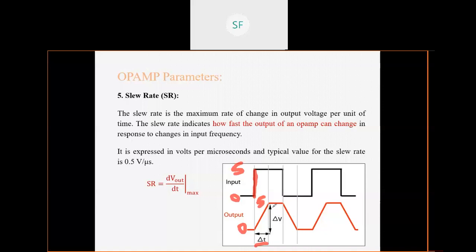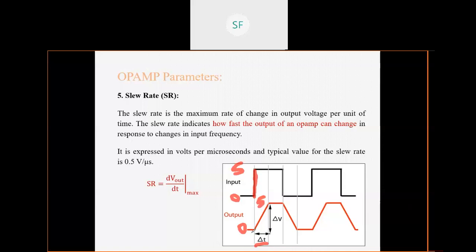So what happens due to this? Ideally we don't want this. This delta T should be as minimum as possible. Ideally, our output should react instantaneously to the change in the input.